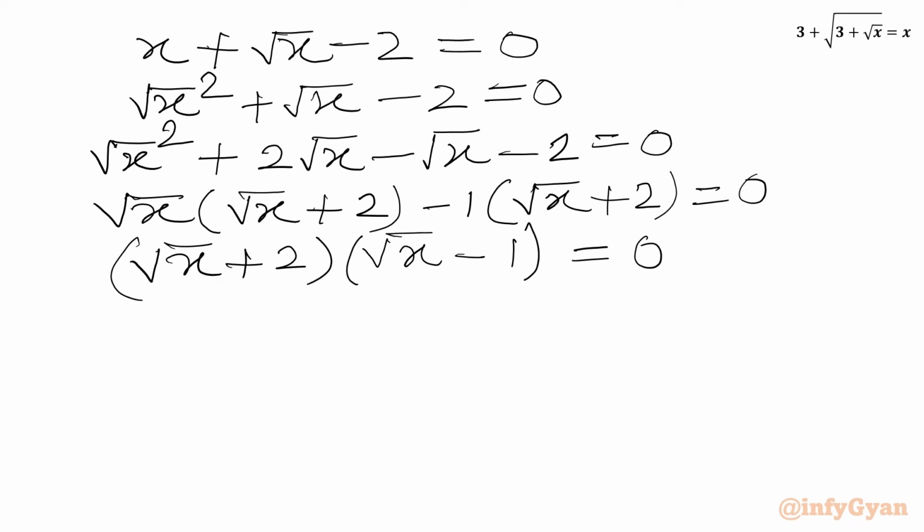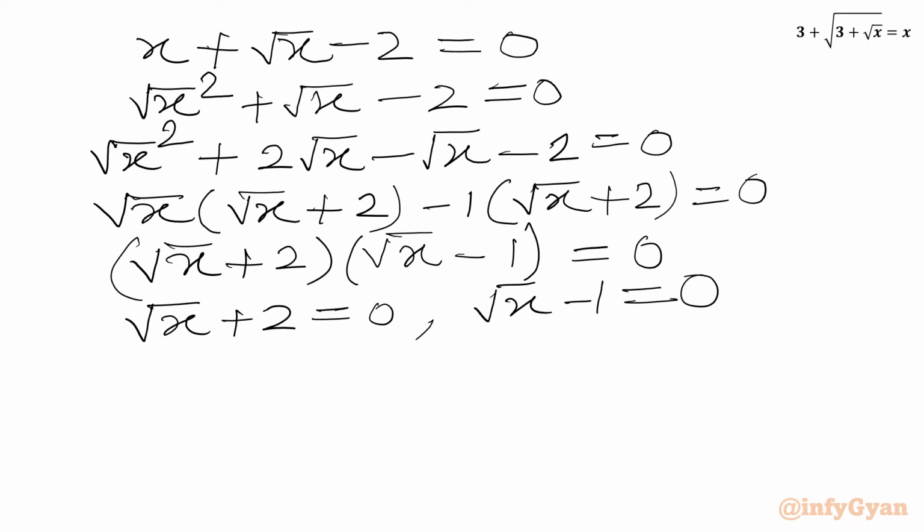Let's apply the product 0 rule. We will get either root x plus 2 equal to 0 or root x minus 1 equal to 0. So from here we will get root x is equal to 1 from the second equation and minus 2 from the first equation.